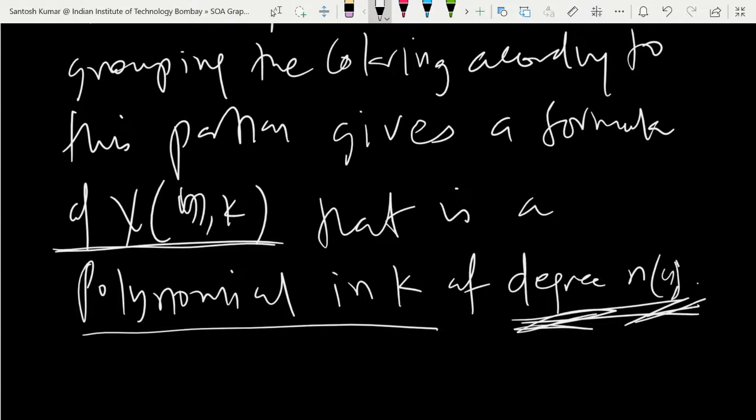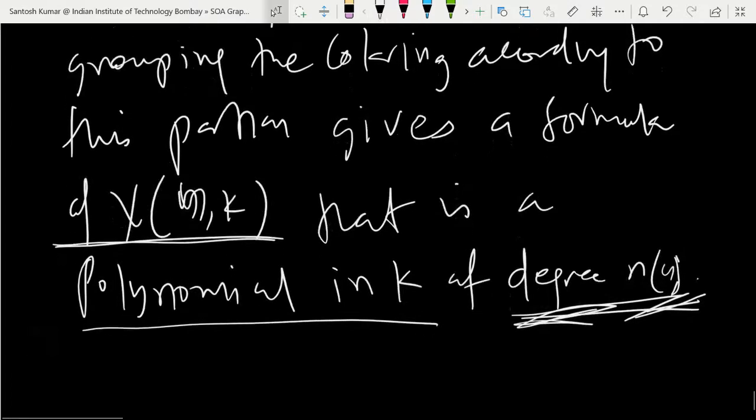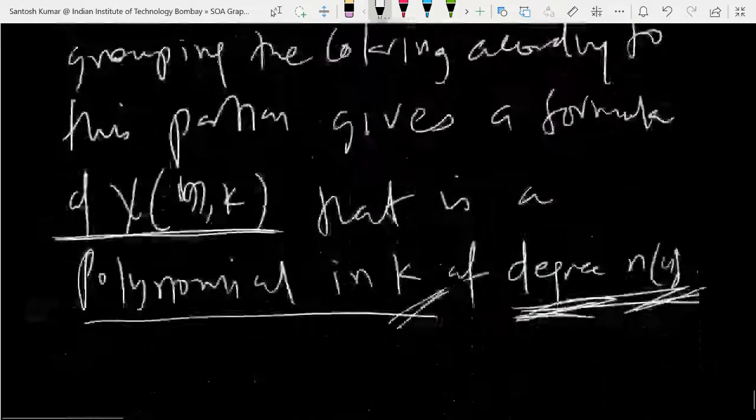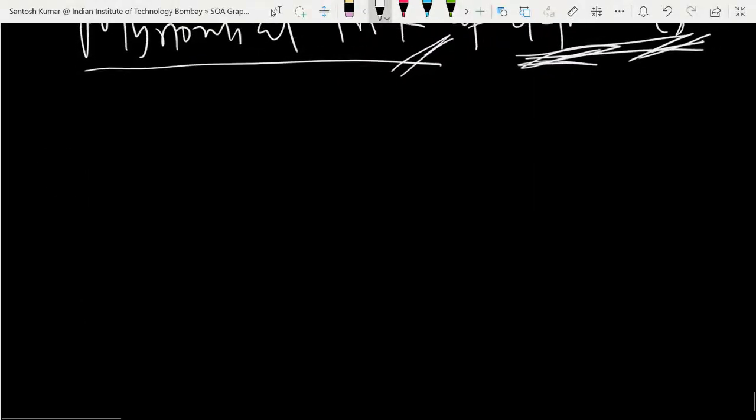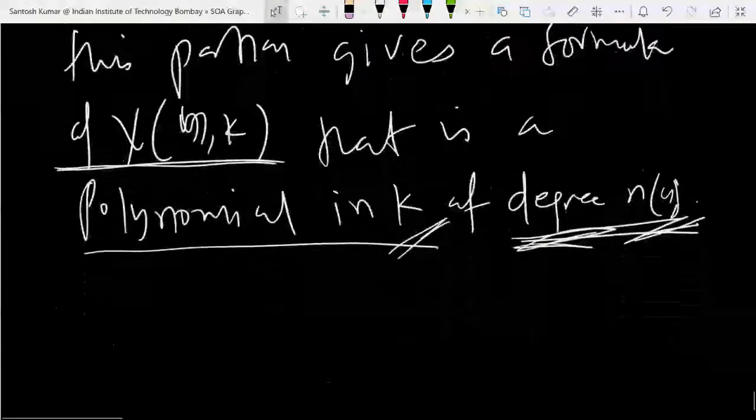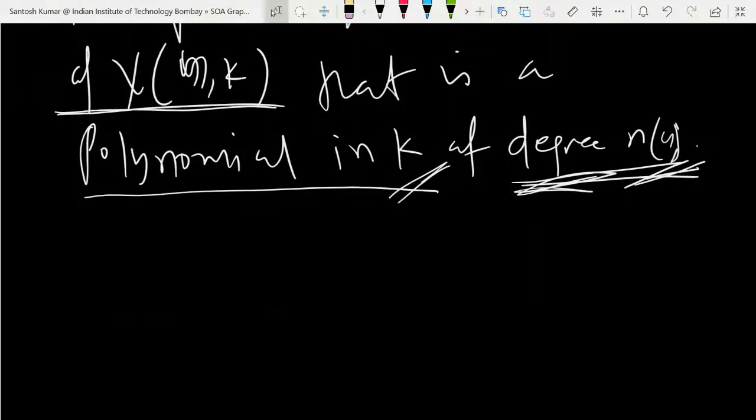So let's derive that. K can be any number of colors. Here we consider k as a variable, so you can use any number of colors, as given in the question. What we are trying to get is the number of proper colorings as a polynomial in terms of k.